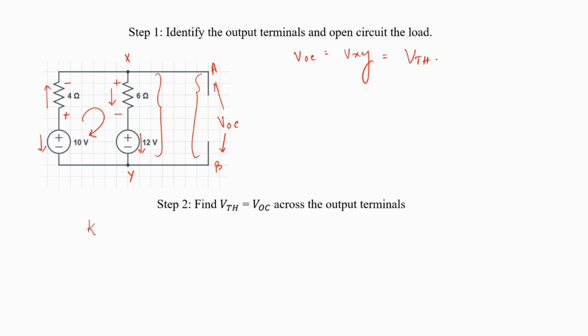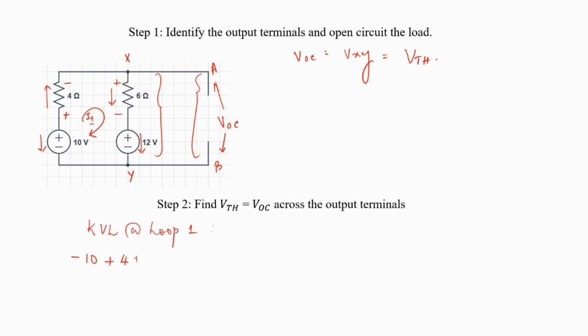So, applying KVL at loop 1, if I call this as my first loop, and there's just one loop. I can start by saying, since the direction of 10 volts is opposing the assumed direction, I'll say minus 10 plus 4 into, suppose the current here is I1 that I've assumed in the clockwise direction.